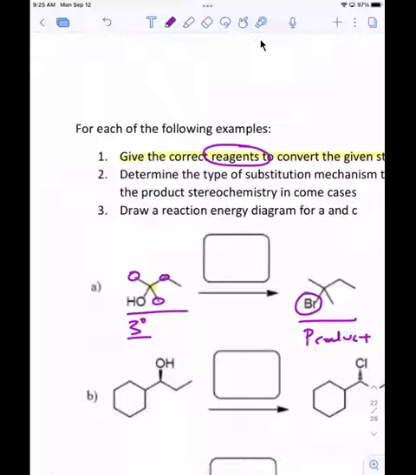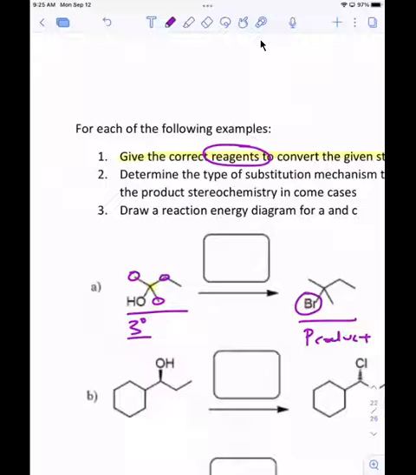And look at the product. Water is a side product, yes, but look at the product. What acid would I use? Would I use HI? Would I use HCl? Would I use HBr? You understand what I'm saying? We need to know what acid to use because the product is specific.